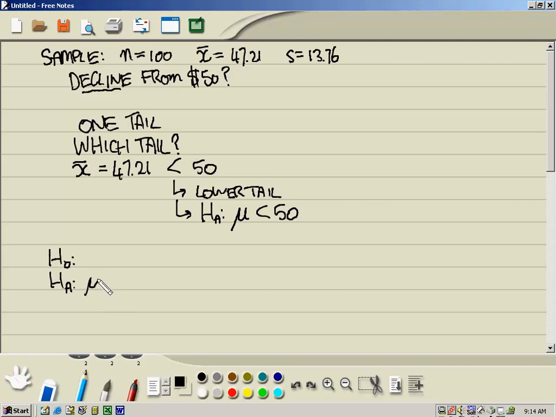So alternate is easiest to do first, mu less than 50, and so the null complement of that, mu greater than or equal to 50. So mu is the new average, the 50 is the old average. If the new is less than the old, there's going to be a decline. Remember, this is intended giving. And if the new average is greater than or equal to 50, the old average, we'll say no decline.